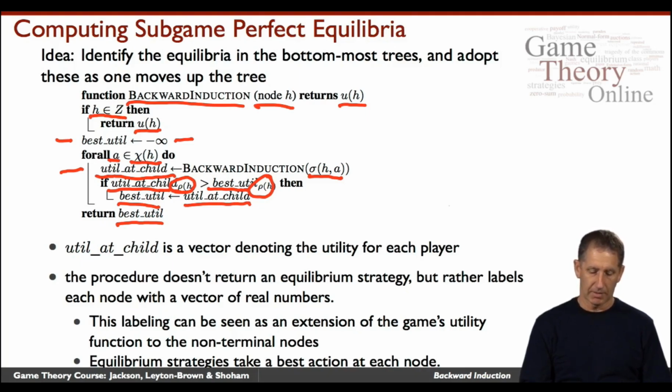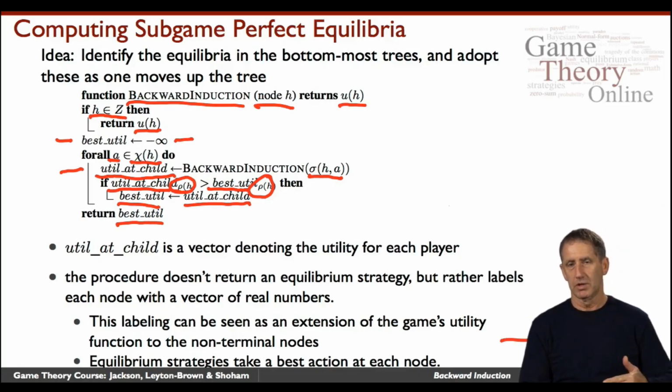And notice that we don't return a strategy, we just return the list of payoffs. In some sense, you can think of it as simply extending the payoff from the leaf nodes to all internal nodes.